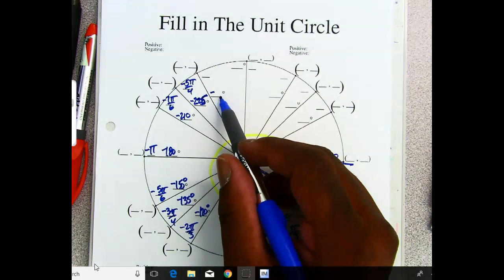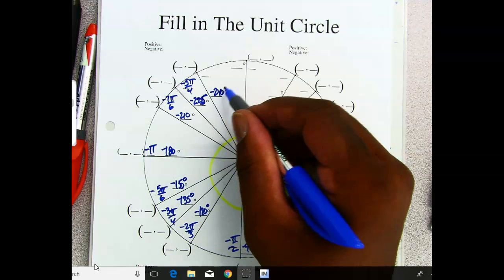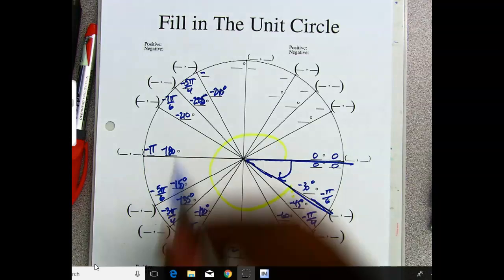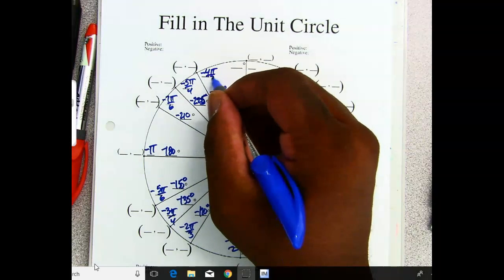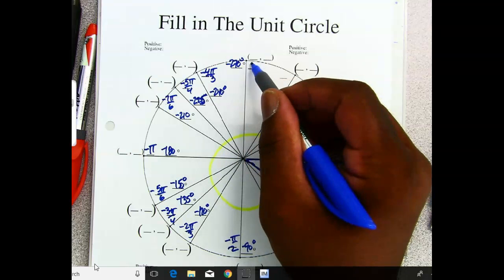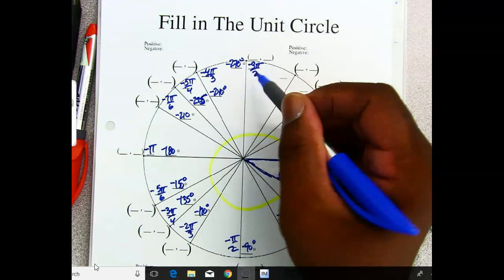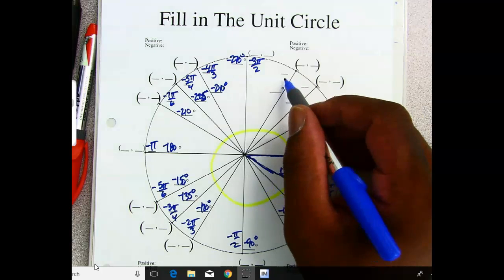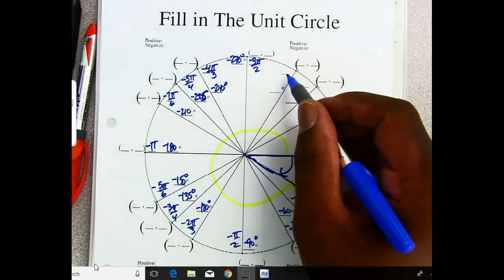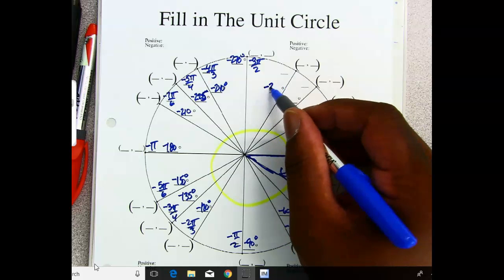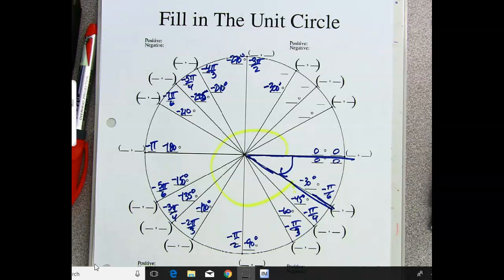What's this one? Negative 240, and negative 4 pi over 3. Negative 270 degrees, negative 3 pi over 2. Negative 300 degrees, negative 5 pi over 3.